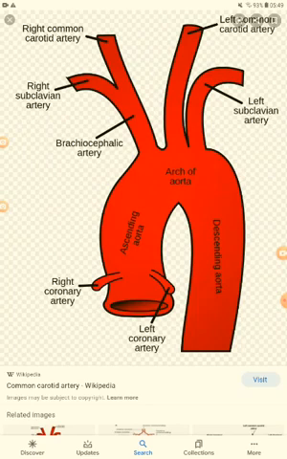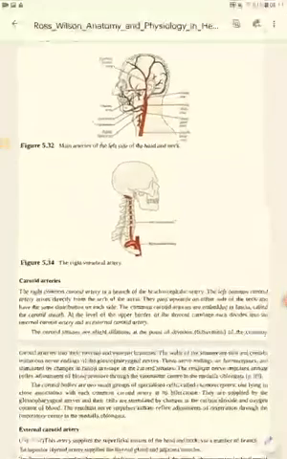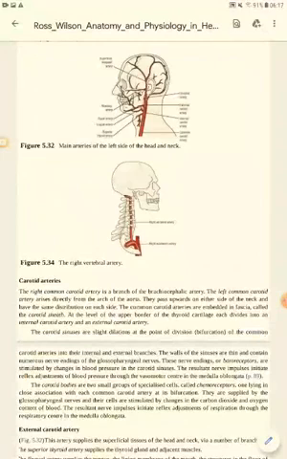Both these arteries then ascend upwards in the neck region and further divide at the level of the upper border of the thyroid cartilage into two branches, that is external carotid and internal carotid.